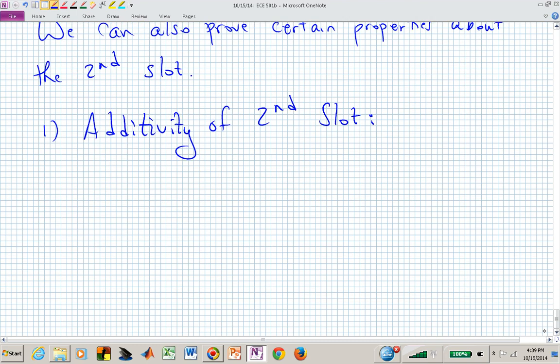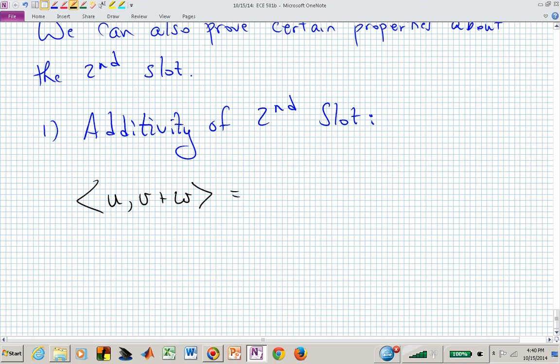What happens to additivity in the second slot? Suppose now we just say, let's start with a vector U and take the inner product of that with this sum of vectors V and W. Well, we can put this V plus W into the first slot in what way? By conjugating that.